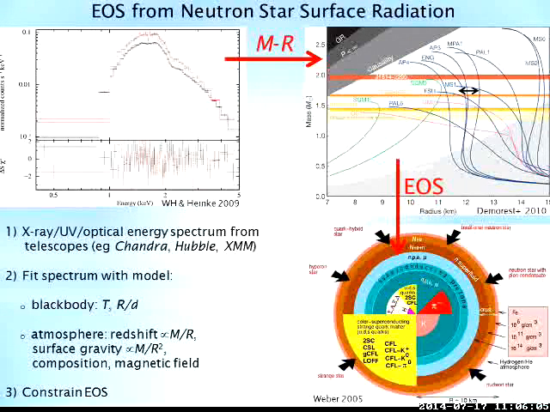When you do that fit, you get some mass and radius, and you put it on the mass-radius plot, and hopefully you can then learn something about the equation of state, because the equation of state tells you the mass and radius of the neutron star.